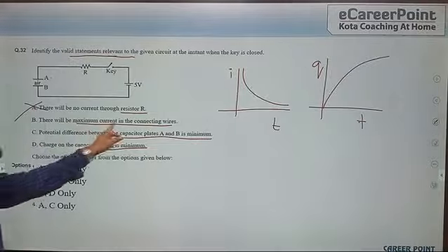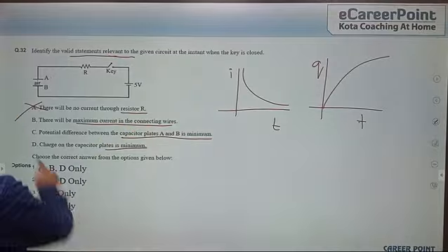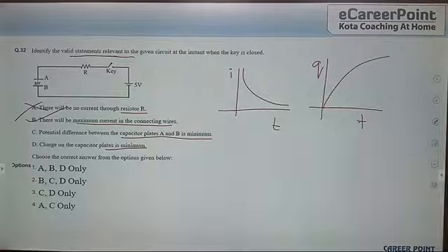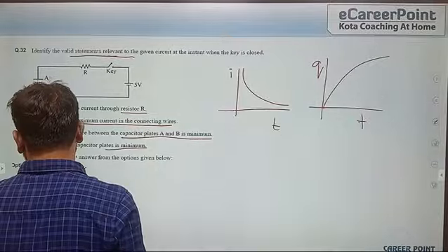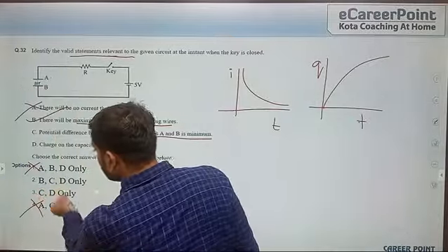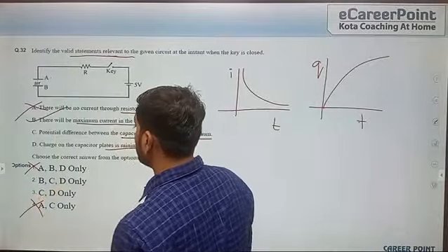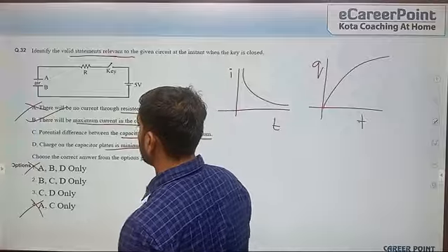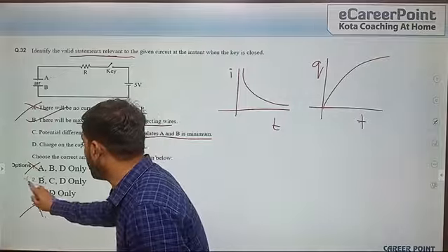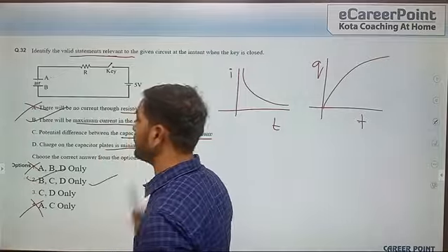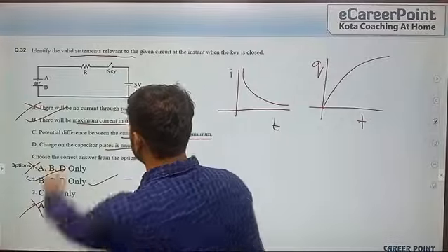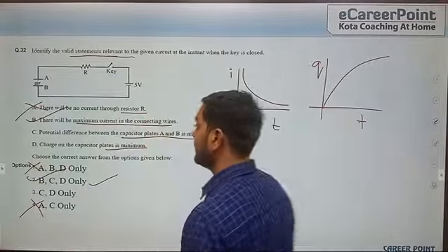There will be maximum current in the connecting wire, this is correct. So option A is cancelled out, and next we see that options C and D are present in both. Let us take the B value as correct, so we should not think about the others.